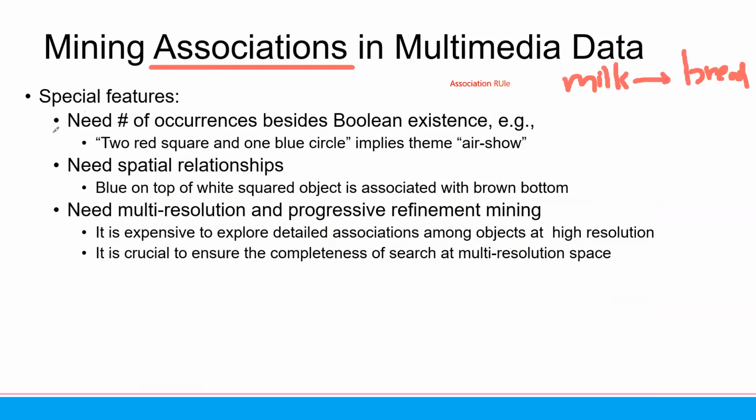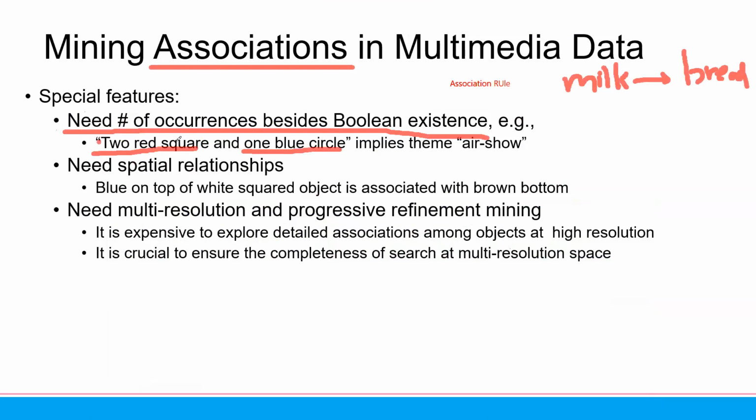We can also have this kind of association in the multimedia database. For example, the number of occurrences beside the bullet existent. For example, I want to check 2 red square and 1 blue circle.